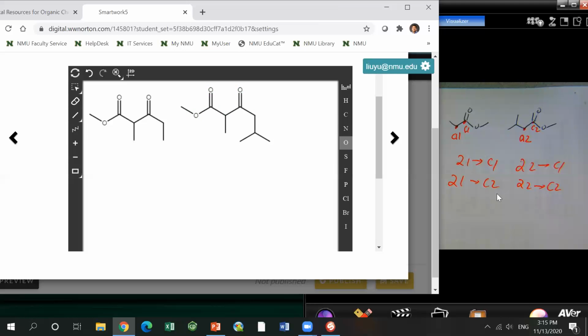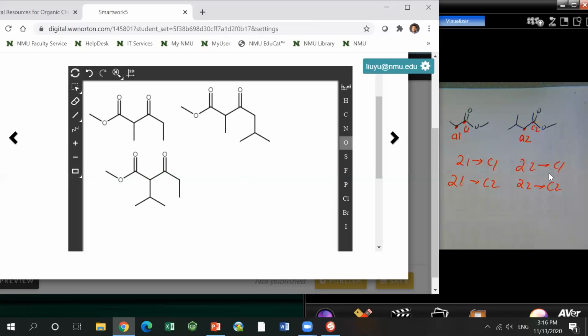Next, alpha 2 attacks C1. So that's the alpha 2, from here, this one, attacking C1.